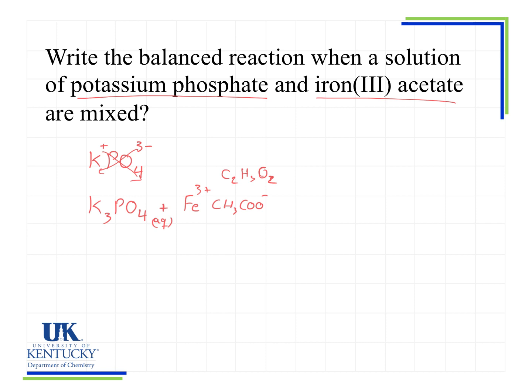So let me erase this and erase this one. So it's C2H3O2 minus, and that's one of the polyatomic ions that you have to memorize.